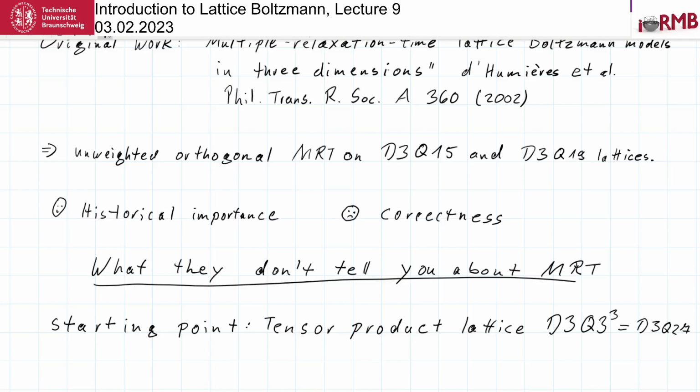And now you can ask yourself, why is this the case? So this is now the spoiler: I implemented such a lattice, though I never used this in practice. The reason is because it doesn't work. So the theory that they set up in this paper doesn't work with a D3Q27 lattice.